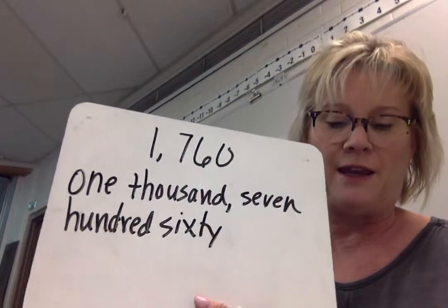So we're going to write this now. I'm going to write 1,000, comma, 760. And so it would look like this.